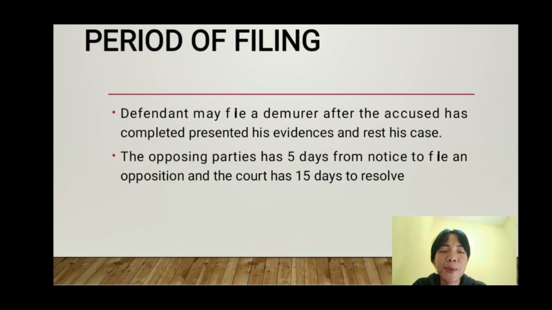So here is the period of filing of demurrer to evidence. The defendant may file a demurrer to evidence after he has completed presenting all his evidence and rests his case. Second, the opposing party has 5 days from notice to file an opposition, and the court has 15 days to resolve it.